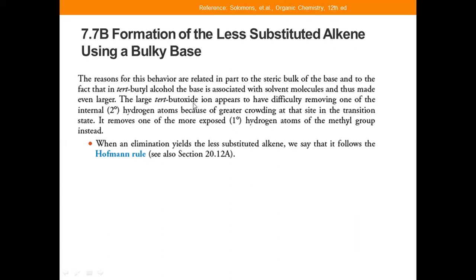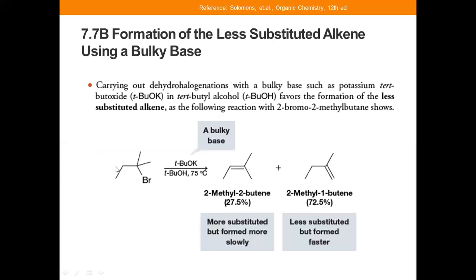So the large tert-butoxide ion appears to have difficulty removing the internal secondary hydrogen. Where is your internal secondary hydrogen? This one here. When you have a bulky base, it's hard to remove the secondary hydrogen here, rather than the primary hydrogen here. If the base removes the hydrogen here like this, you produce this.